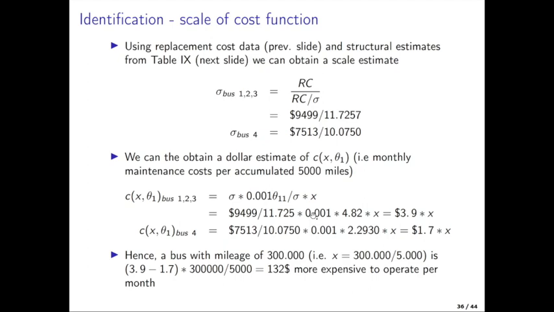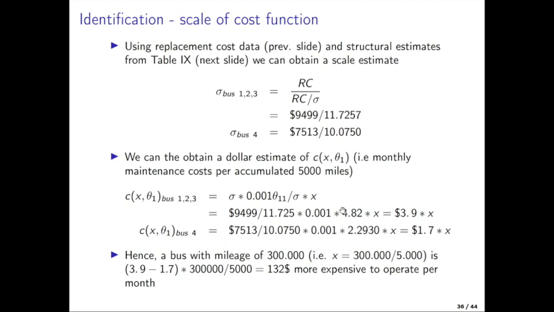With those estimates in mind, we can rescale the cost function. It's essentially just inserting into this cost function the scaled estimate and our value for sigma, the scale parameter of these structural errors.